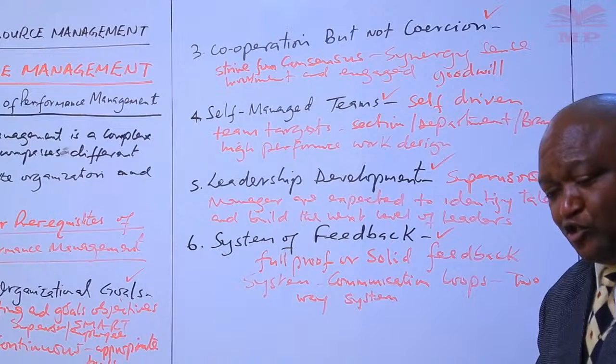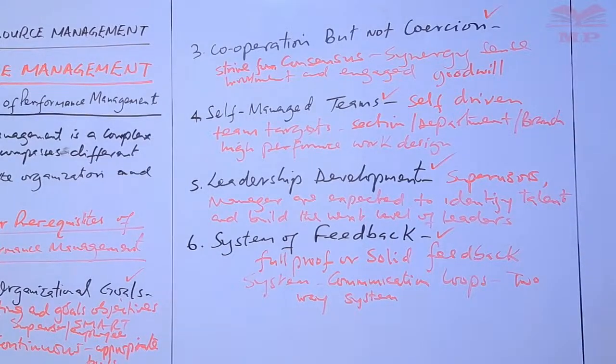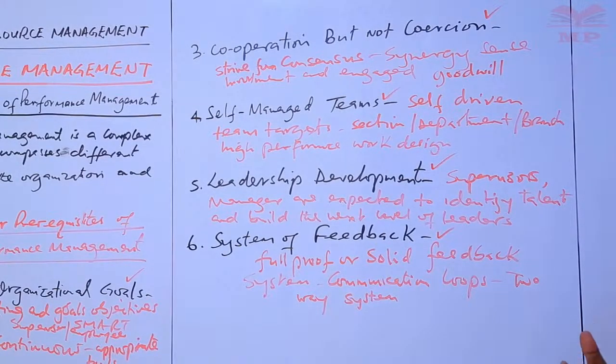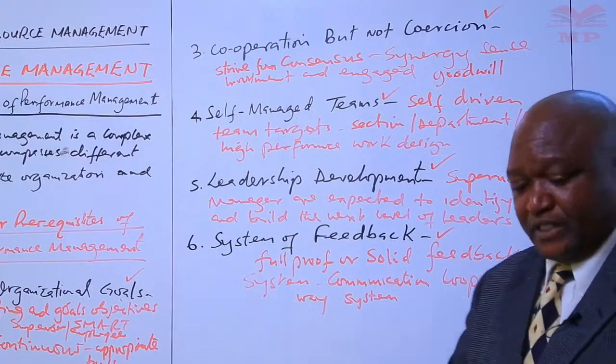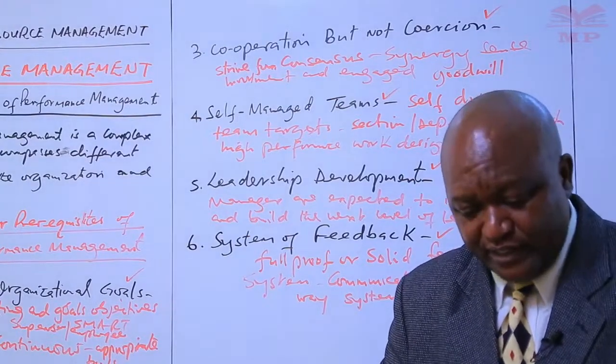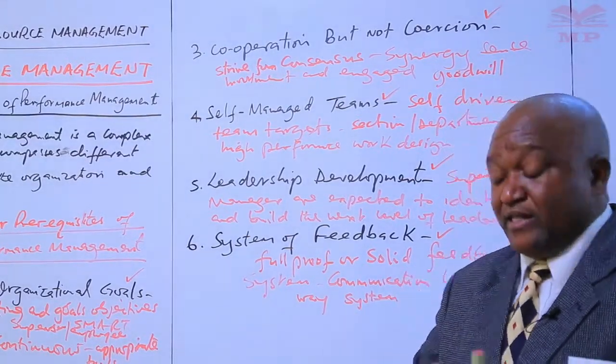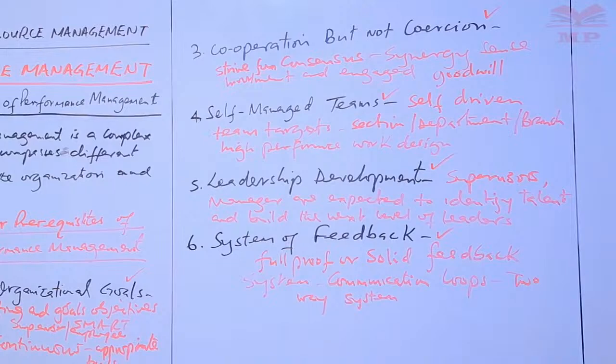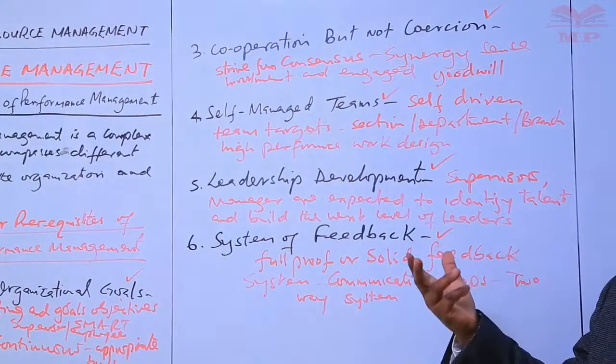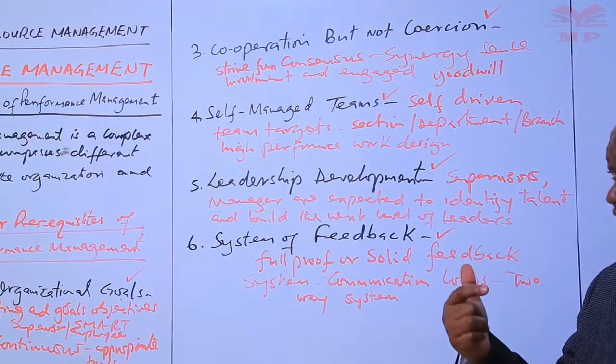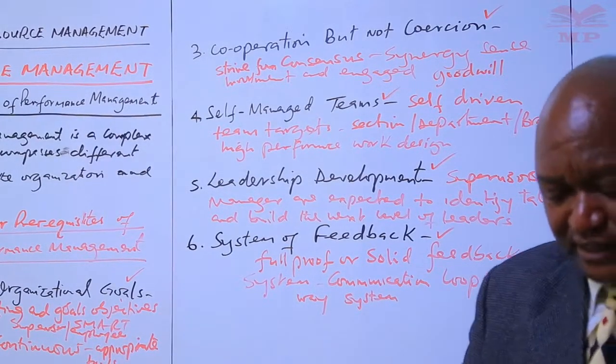An organization should be able to develop a system of feedback where it is able to have a solid or foolproof feedback process with communication loops to open up barriers that could be there in terms of communication, to ensure that the organization is operating from the same page. So these are some of the characteristics, or prerequisites, where effective performance management is practiced.